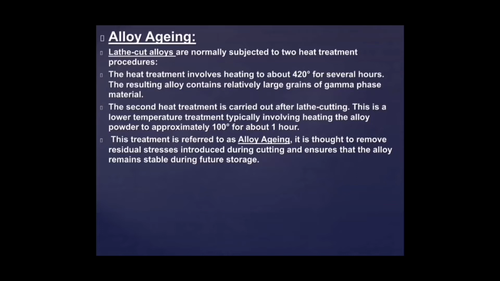This is a lower temperature treatment, typically involving heating the alloy powder to approximately 100 centigrade for about 1 hour. This treatment is referred to as alloy etching. It is thought to remove residual stress introduced during cutting and ensure that the alloy remains stable during future storage.